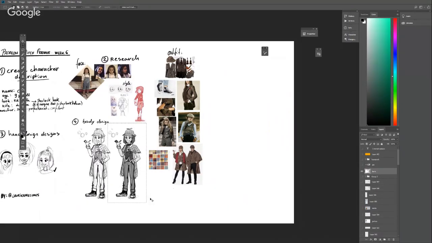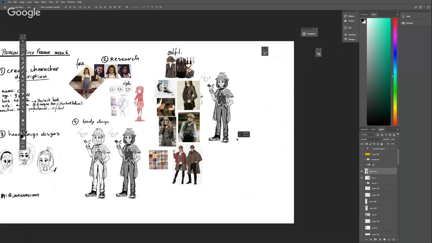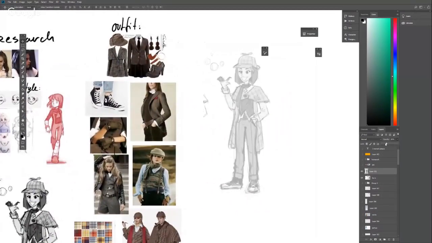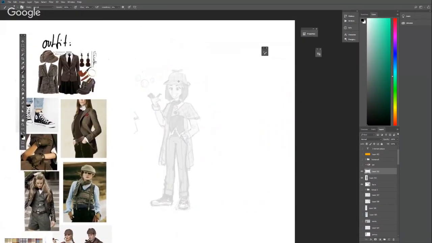Maybe the next part is, I think you could draw this character a bit more. It's really stiff. So maybe if you would add a bit more angles in your character, something like this.